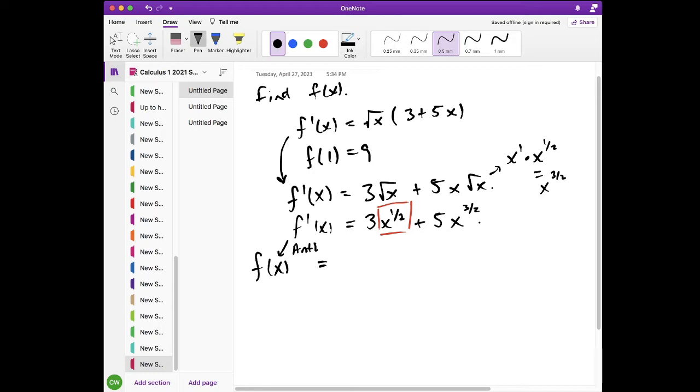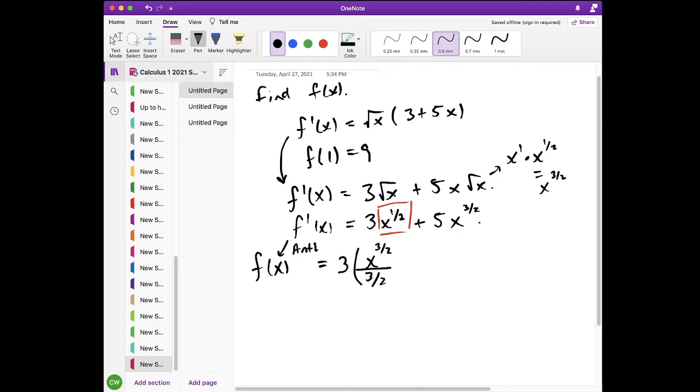Whichever one. So close, 3 halves, but you want it to be divided by 3 halves. So you want x to the 3 halves, but we divide by 3 halves.